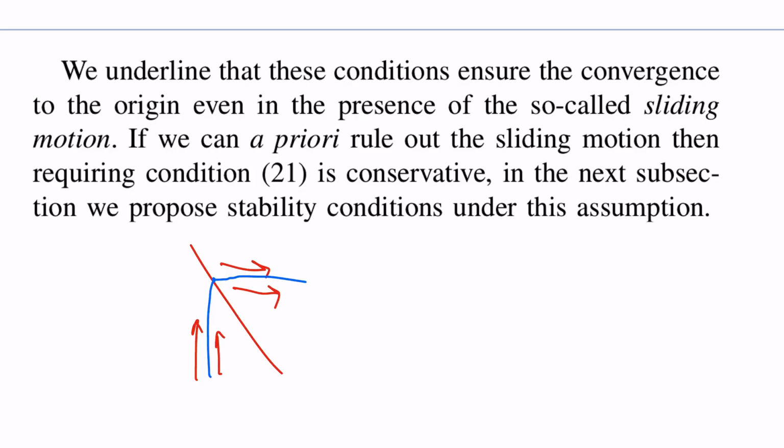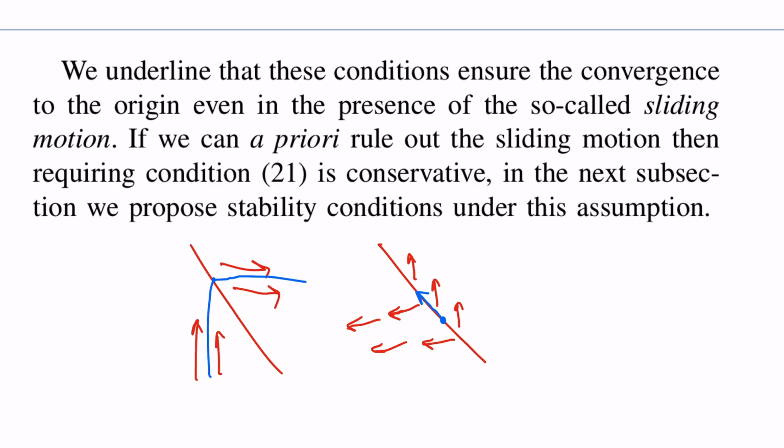However, let's say one system is something like that and the other system is something like that, then when we arrive here, we can slide on this boundary. This is what we would call sliding motion, and we would call this surface a sliding surface.